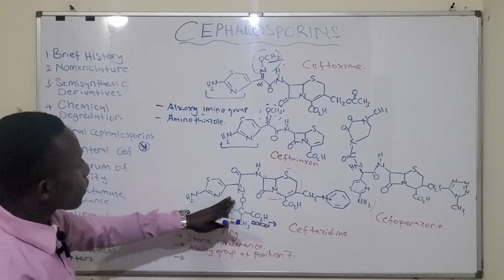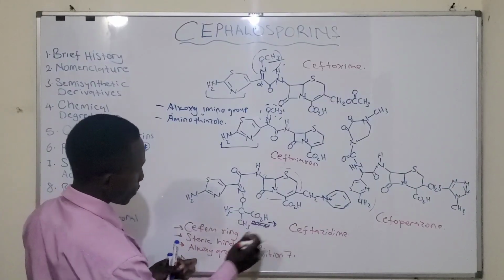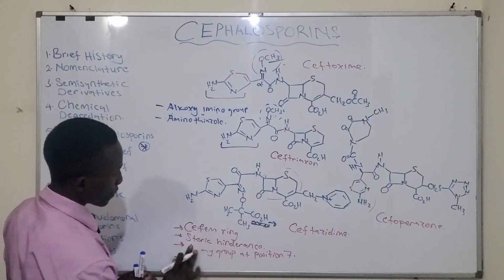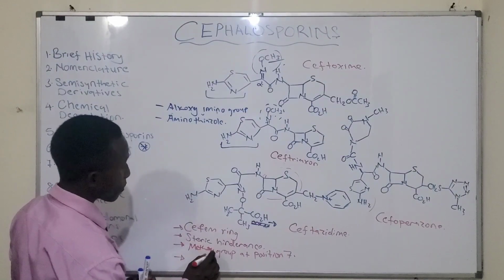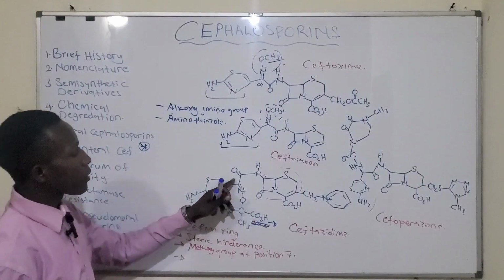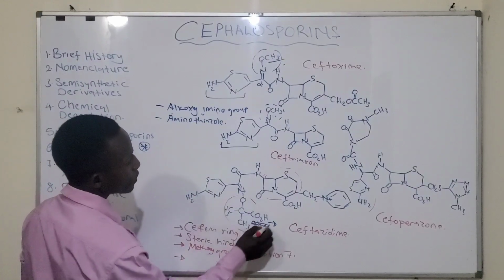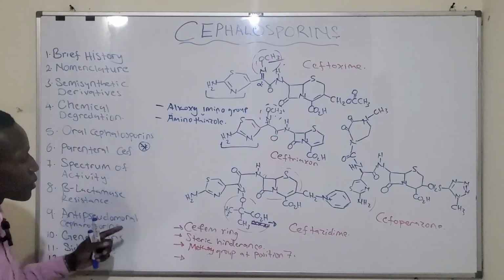Okay, specifically this is a methoxy group for cephamycin. Methoxy, it's a methyl group. Then the alkoxy group at the alpha carbon. These groups, they increase the resistance to beta-lactamases.